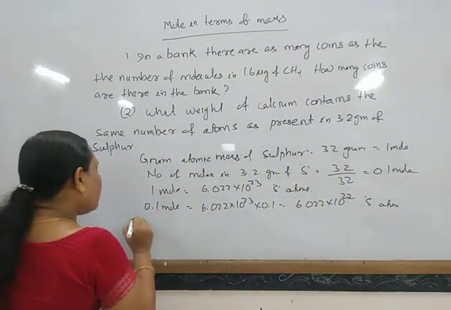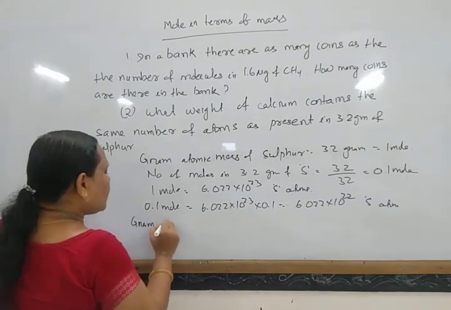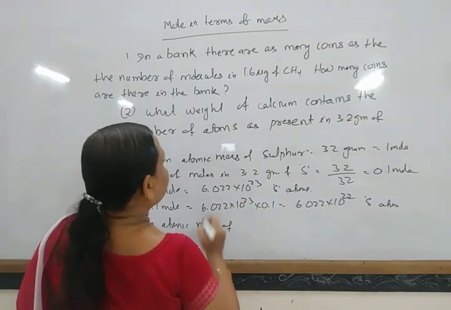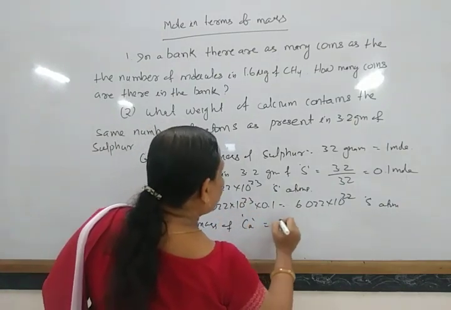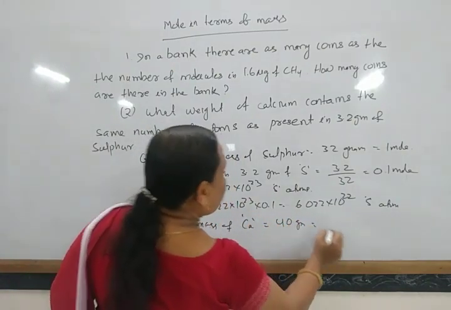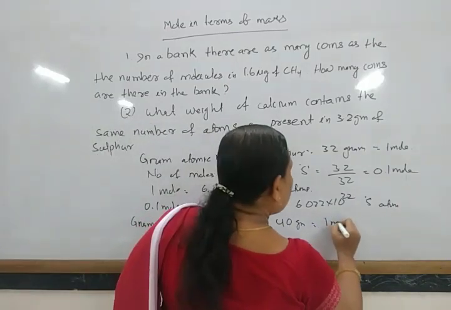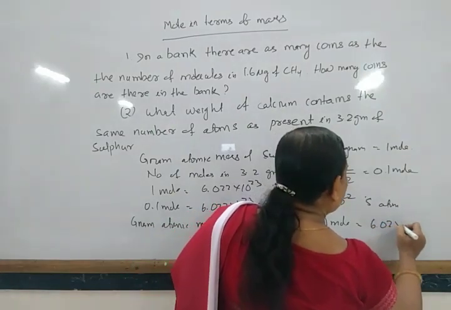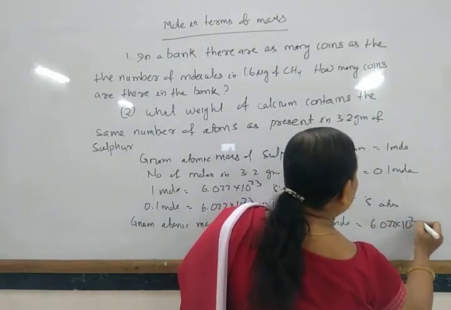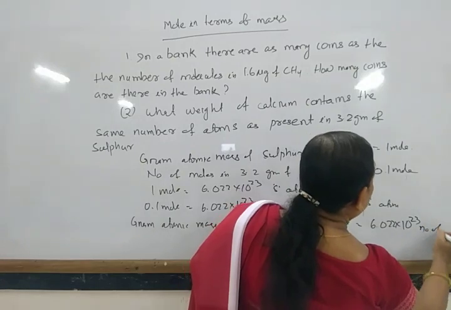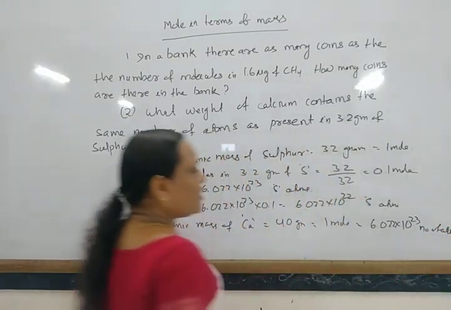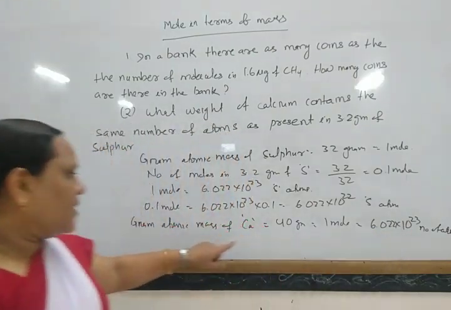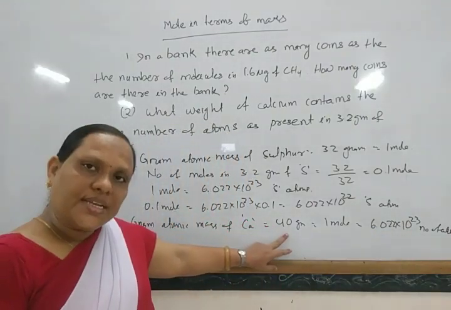Again, gram atomic mass of calcium, how much? 40 gram, that is equal to 1 mole, that is equal to 6.022 × 10^23 atoms. So 6.022 × 10^23 atoms of calcium have weight 40 gram.